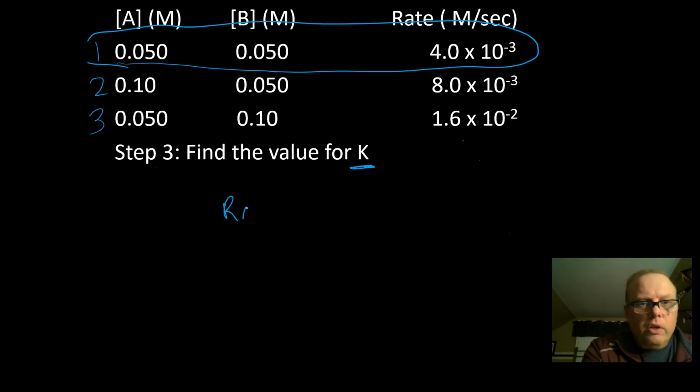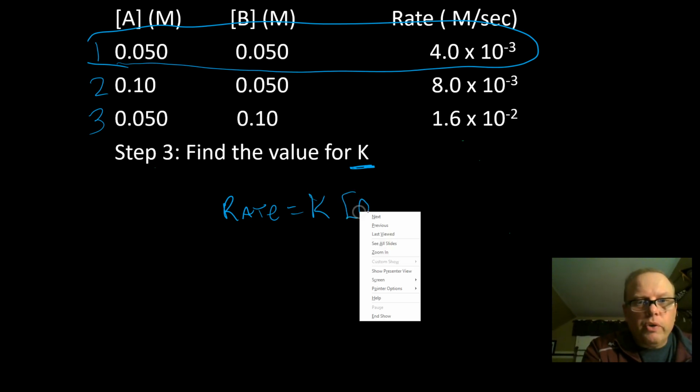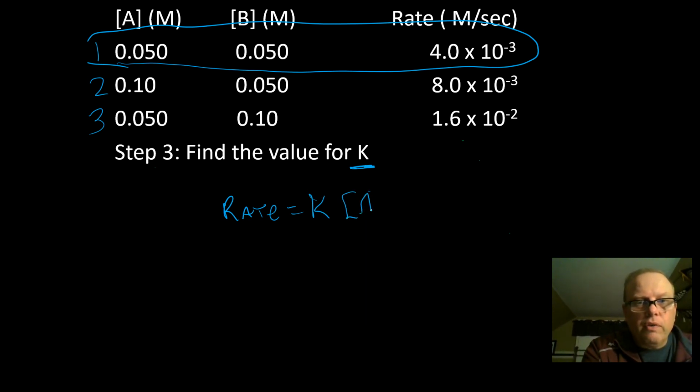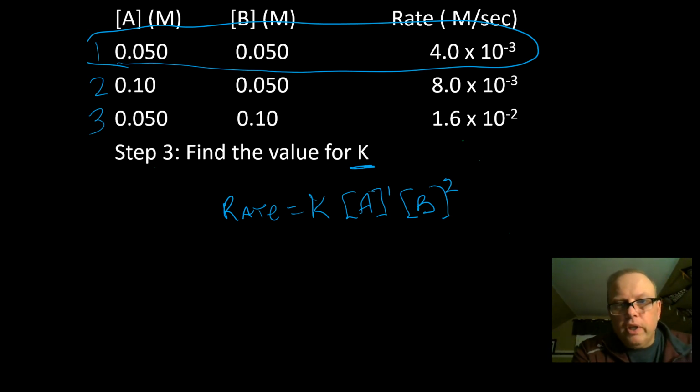The rate law says rate is equal to K times the concentration of A to the first, the concentration of B to the second. We've figured out these rate orders for A and B. So all I need to do now is insert everything that I know, and I can come out with what K is.